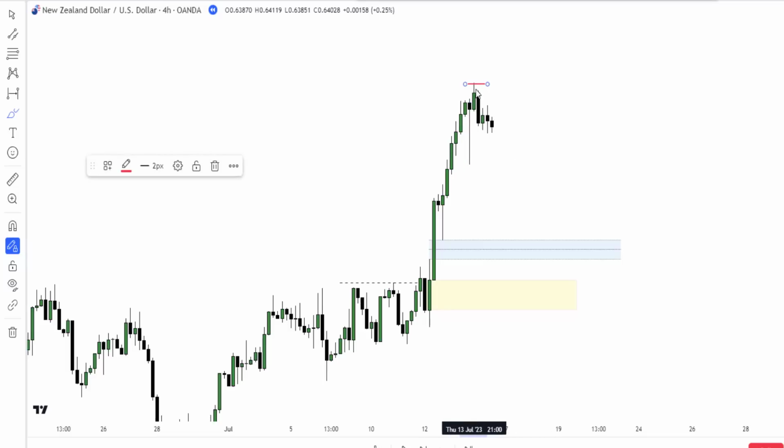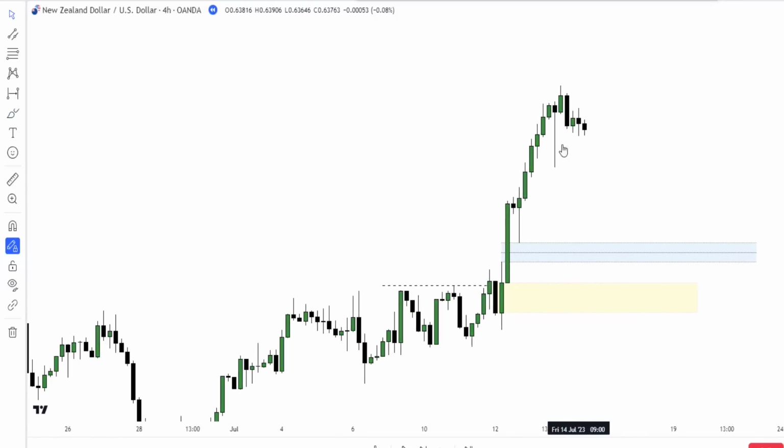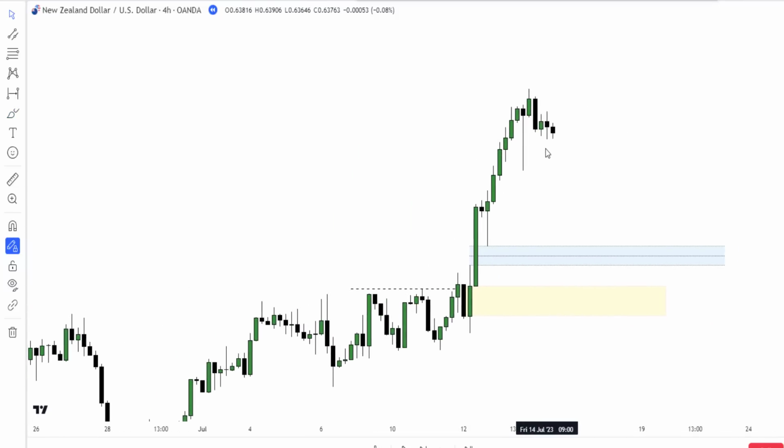This could have ended somebody's entire account. So this is where this becomes very handy. What I need to confirm that this sell will start is simply a shift in market structure. This is the 4-hour time frame, and I want to see a shift in market structure.